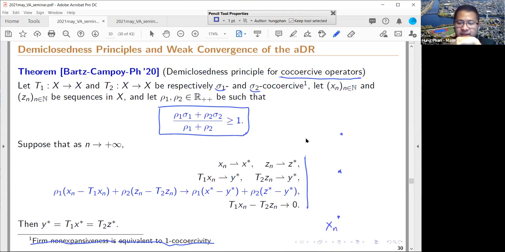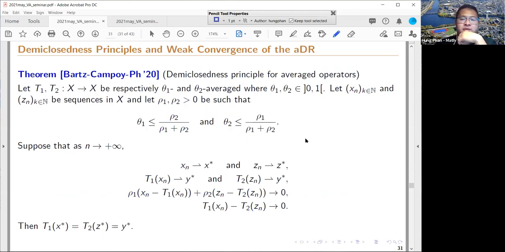Okay? So this is XN and this is ZN. The weight would be different. Okay? This is T1 XN, T2 ZN. So more or less, we need to multiply this by rho 1 and this by rho 2 to make it work. All right, and we also have a similar result for averaged operators.